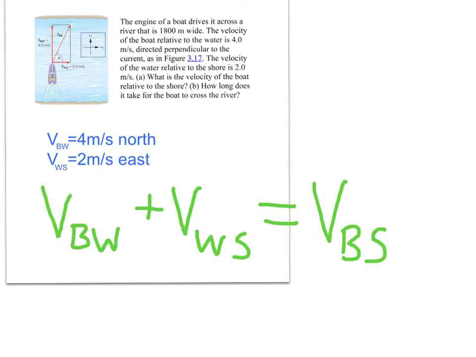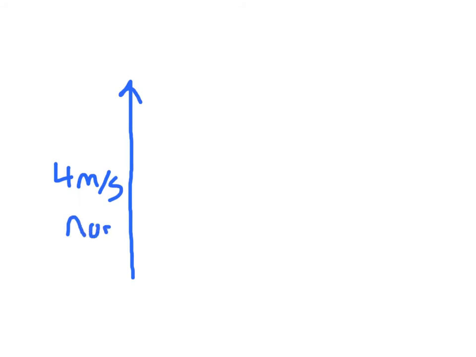So what does this look like? Alright, so now we're just doing our vector addition. If we have the velocity of the boat with respect to the water of 4 meters per second north, and then the velocity of the water with respect to the shore of 2 meters per second east.